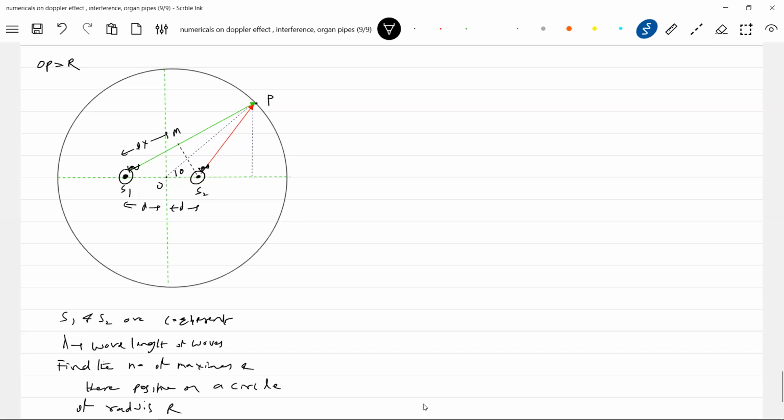Let me take this as theta. And now what is the condition? I'll put r very much greater than d. If r is very much greater than d, the diagram will appear like this.